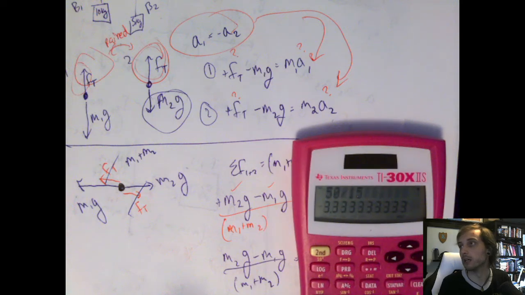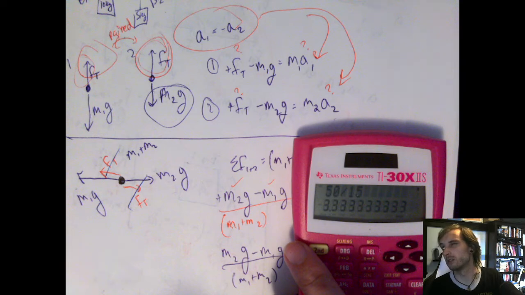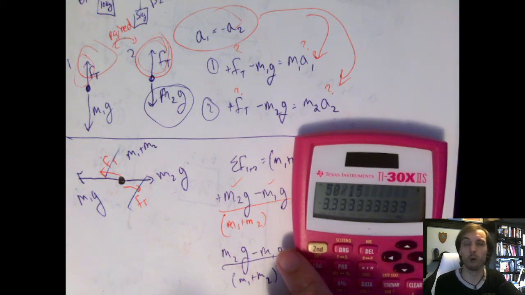Great. Oh yeah, it'll be 1/3 gravity because you have 3 parts of 5 being fought against by 1/3 of 15 and fought with 4 by 1.